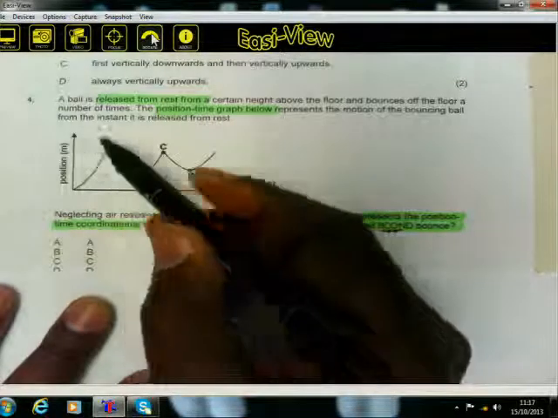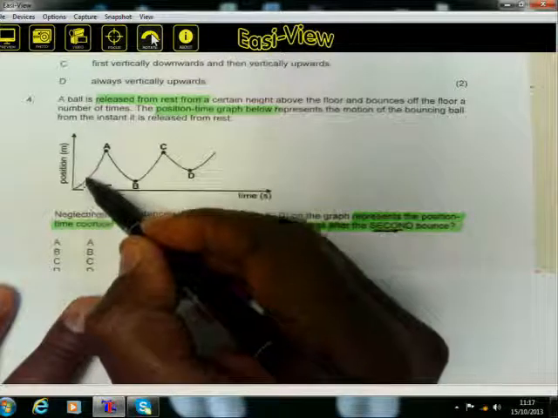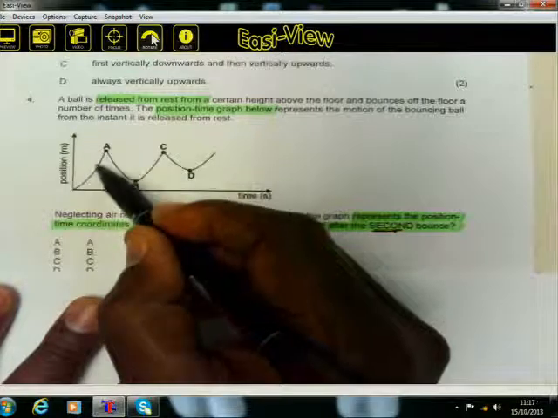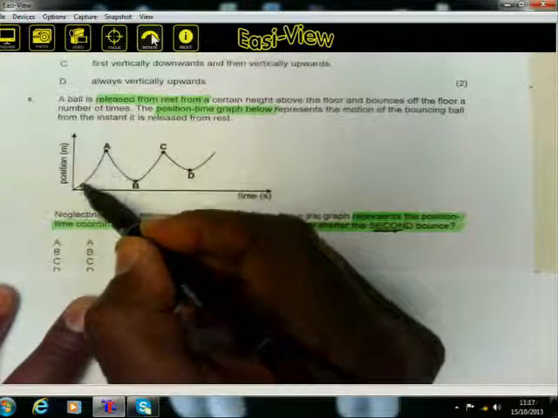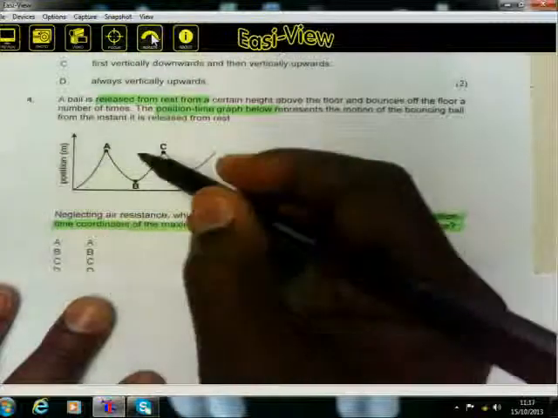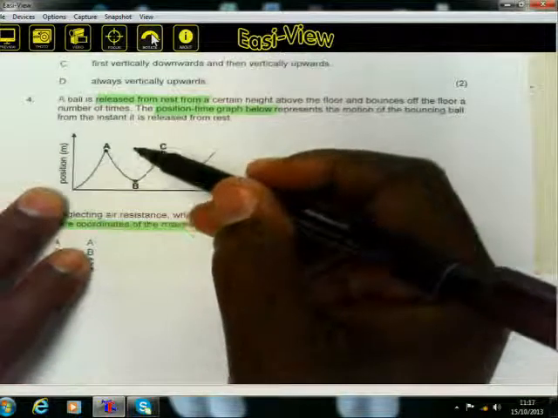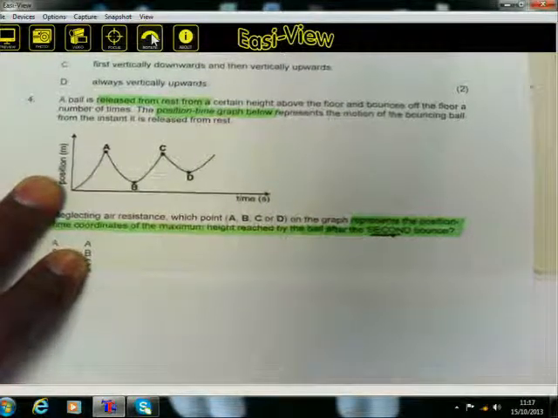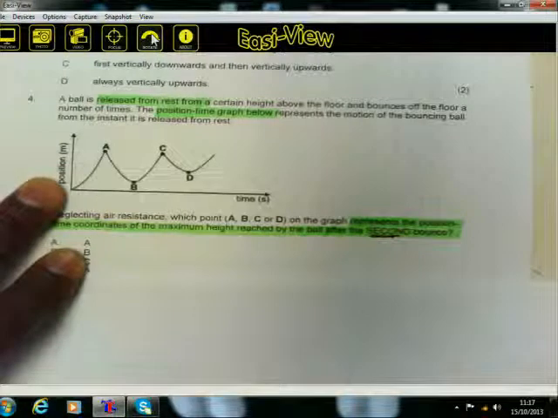Now, as it goes down, it is actually accelerating because the curve is not a straight line. It is accelerating. But we must understand that we are taking down as positive.